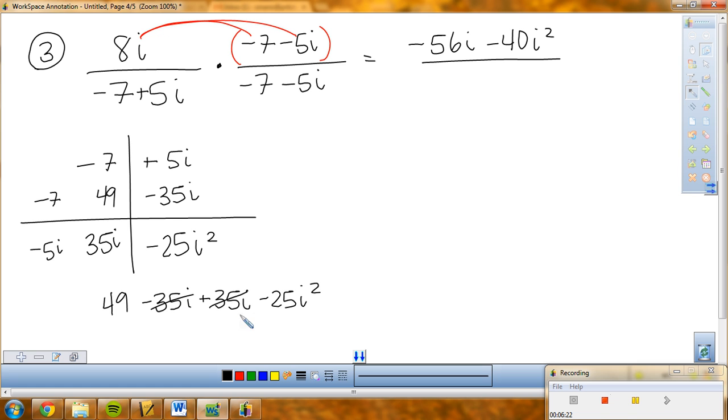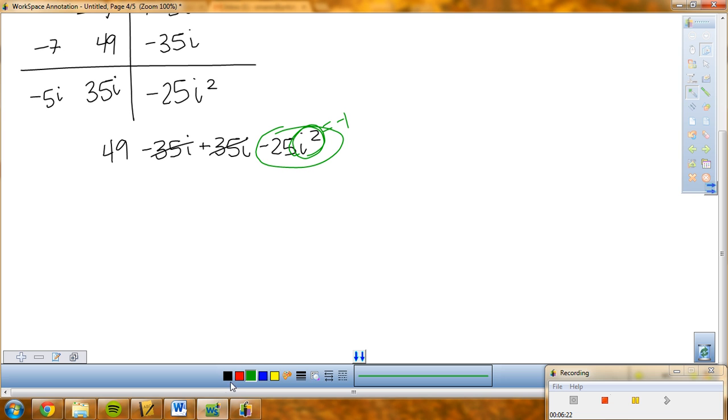Our like terms cancel, which we're hoping will happen with our conjugate, and we really have to be careful that our negative from the multiplication is now going to get converted, because I know that i squared is equal to negative 1. So we're going to end up getting 49 plus 25, which is going to give me 74.